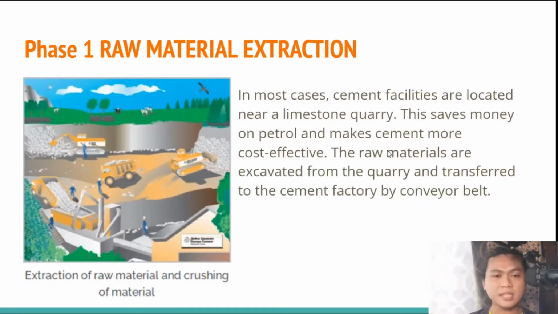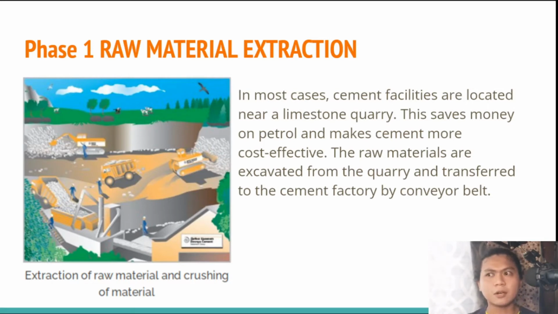So, in most cases, cement facilities are located near a limestone quarry. This saves money on petrol and makes cement more cost effective. The raw materials are excavated from the quarry and transferred to the cement factory by conveyor belt. So this is the best way to make the cement more cost effective, cheaper for the consumers as well. They build their factories near these quarries so that the loading of those raw materials is way cheaper, easier, and costs less.